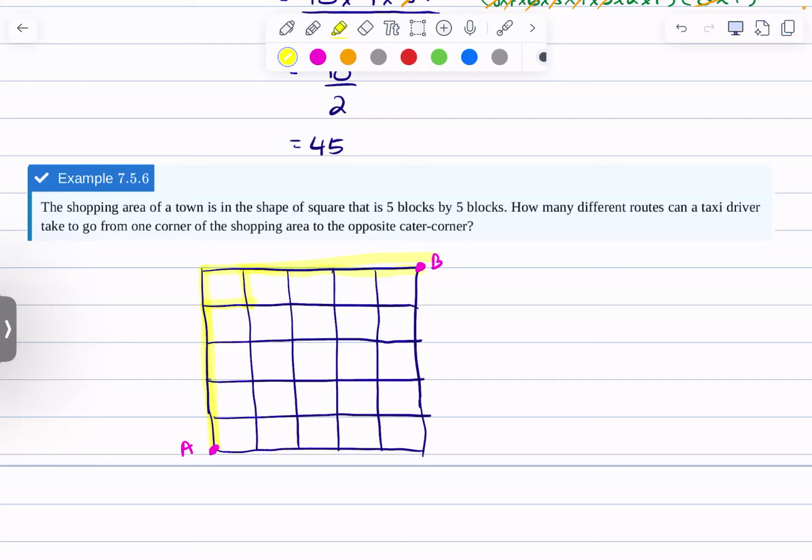Or I could go up 1, over 1, up 1, then over. So many options.